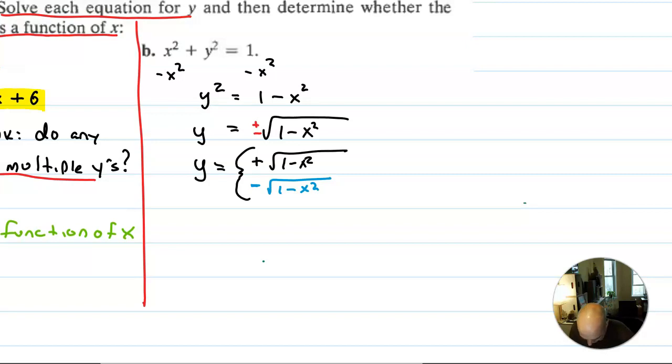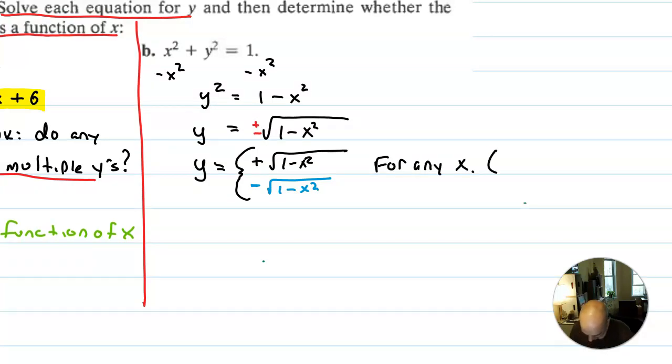For any given x, then, let's try x equals 0, for example. There are multiple outputs. So you could have the positive square root of 1 minus 0, which is 1, or the negative square root of 1 minus 0, which is negative 1.